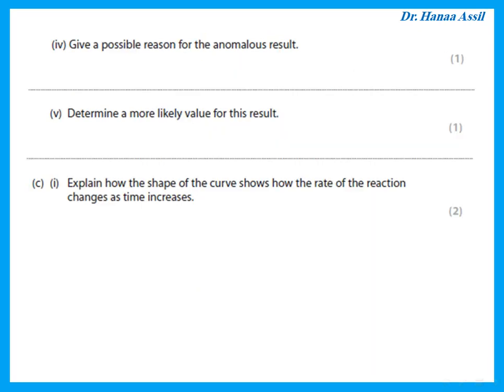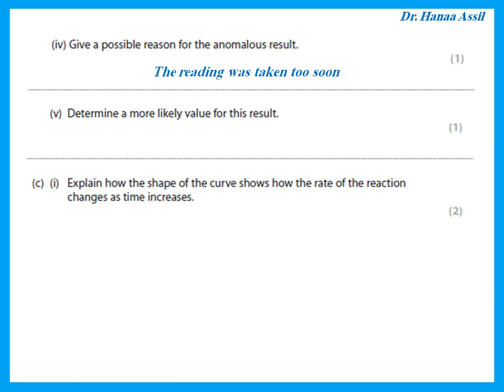Give a possible reason for the anomalous result. Remember, the anomalous result is below the graph, and that means that he probably took the reading too soon. He was supposed to take a reading at certain time intervals. If he did not wait for the time that he's supposed to take the reading, then he took the reading too soon, then that is probably why he got the anomalous result.